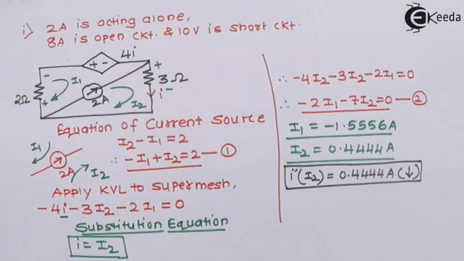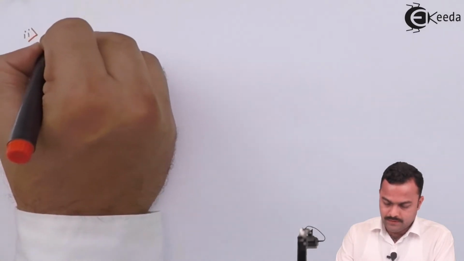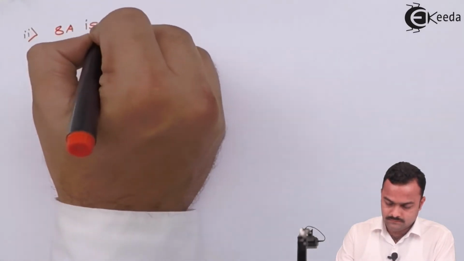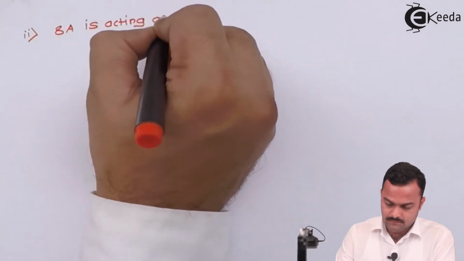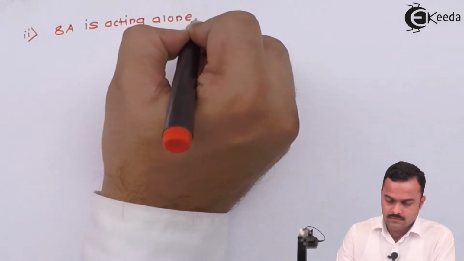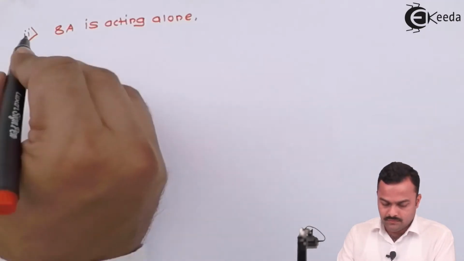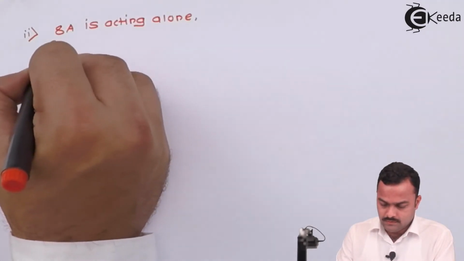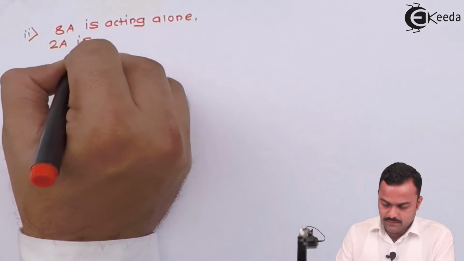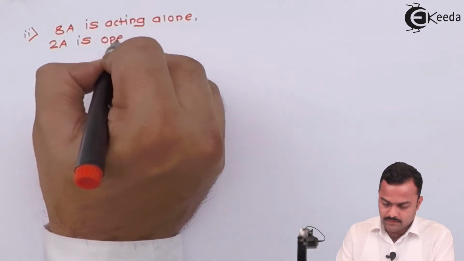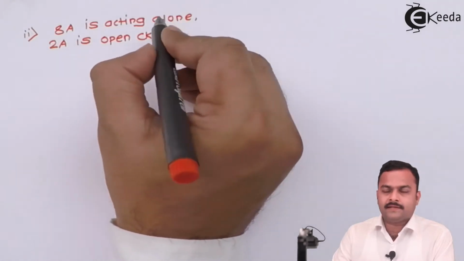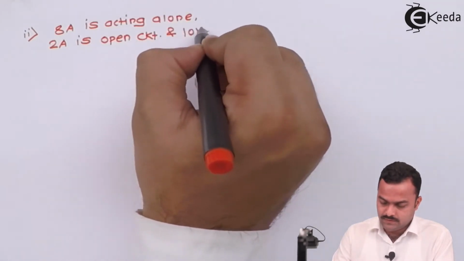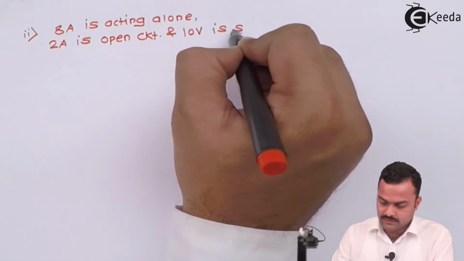Let's go ahead with the 8 ampere. Now 8 ampere is acting alone. Whenever 8 ampere is acting alone, what do you have to do for the others? 2 ampere will be open circuited, being a current source, and 10 volt, it's a voltage source, so this will be short circuited.